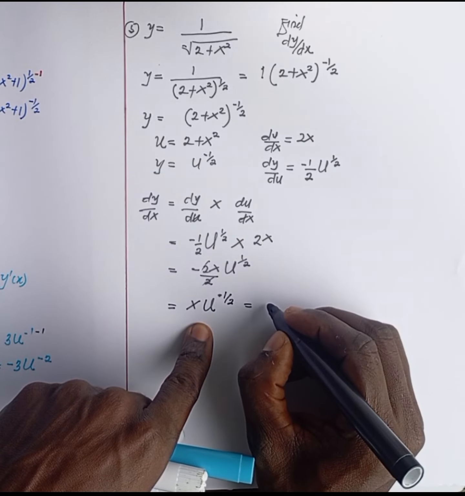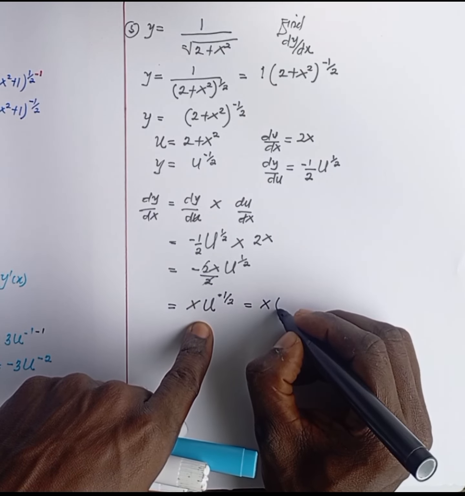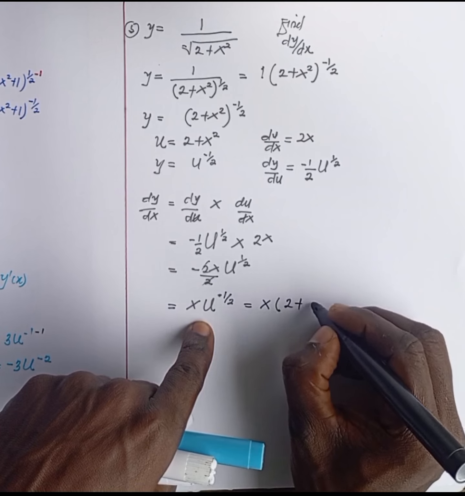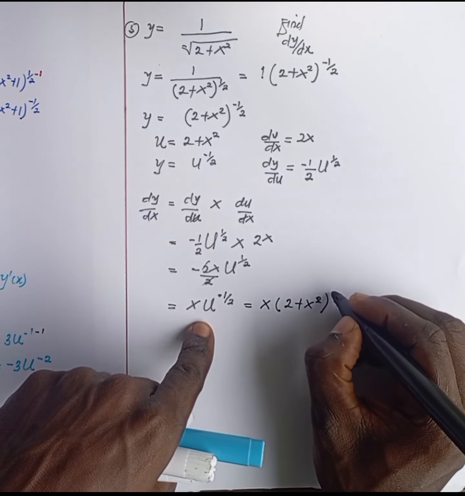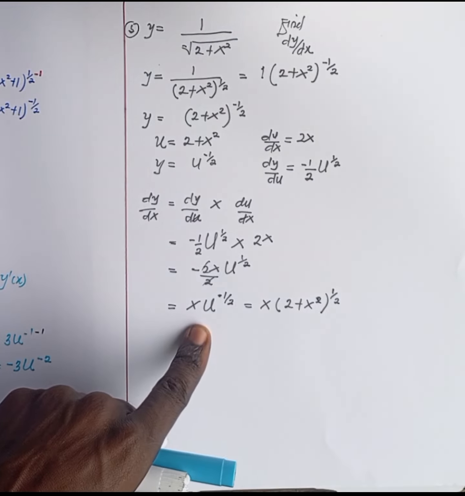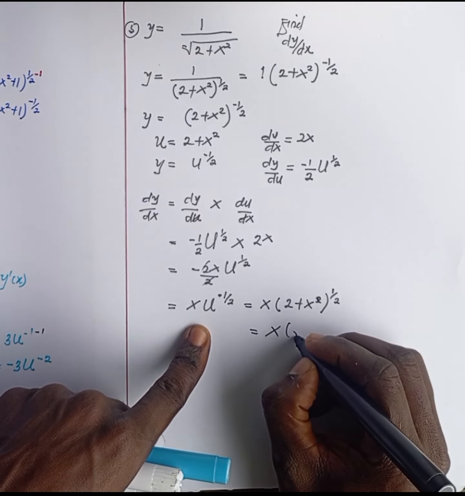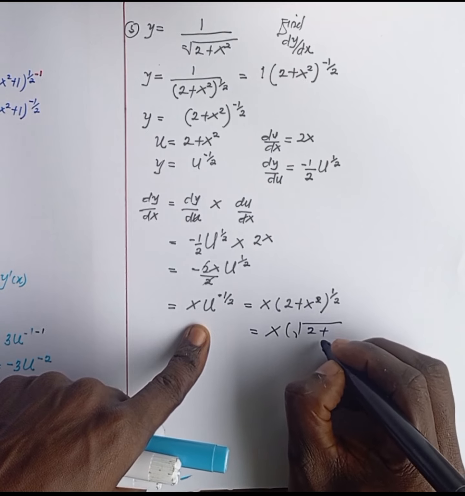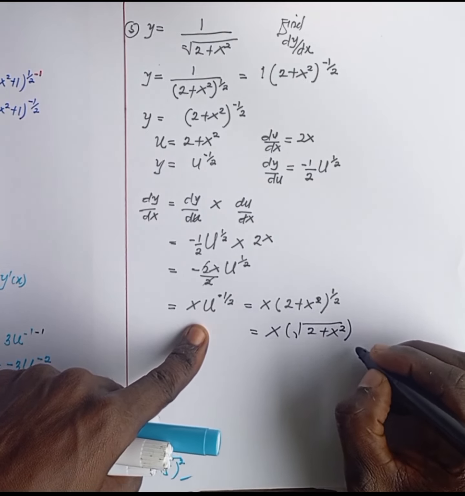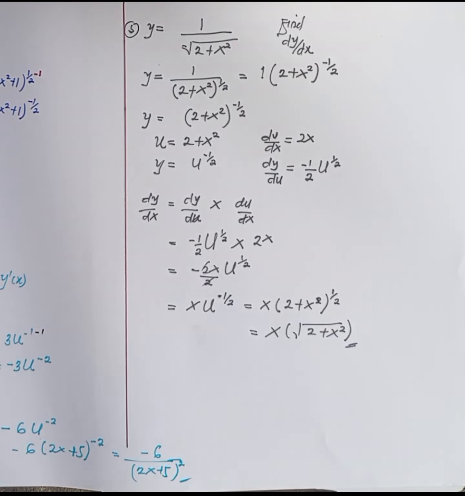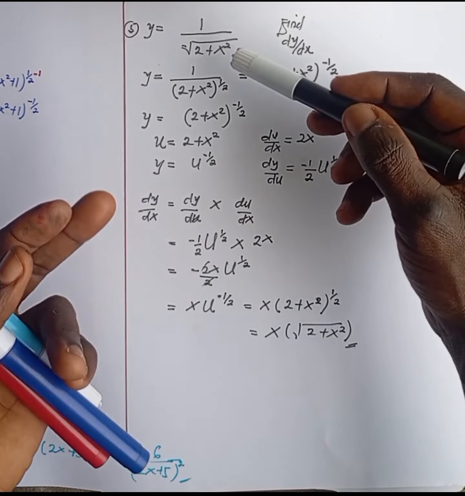So we are going to get x over bracket 2 plus x squared all raised to the power half. And we can rewrite this in terms of x over the square root of 2 plus x squared. And that is that. You can also use the quotient rule to solve this very question.